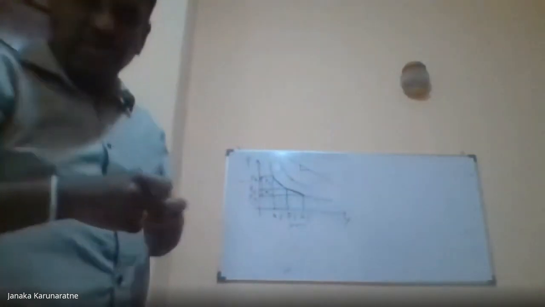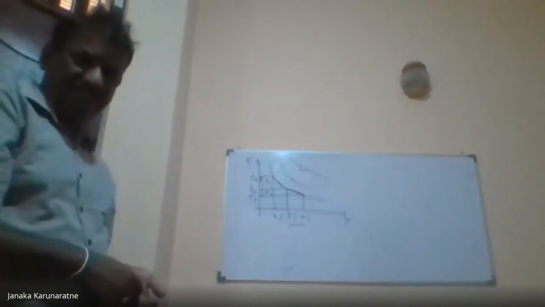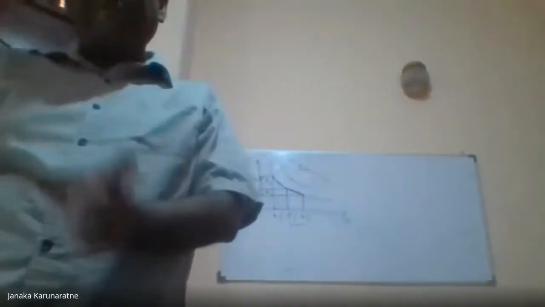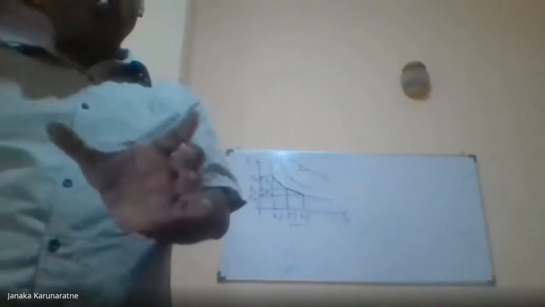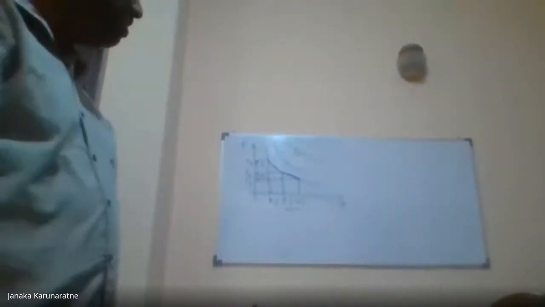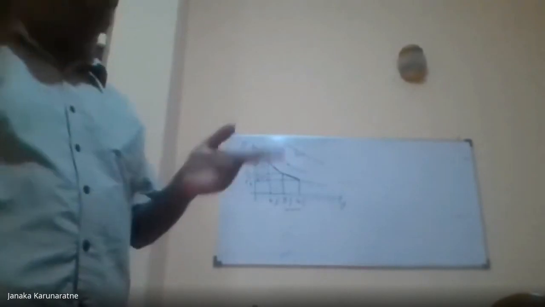So in our duration formula, we use a straight line methodology. It's a simple straight line. So the duration formula cannot be used for larger changes in interest rates. That is why we got different answers when we used the duration formula and the normal pricing formula.